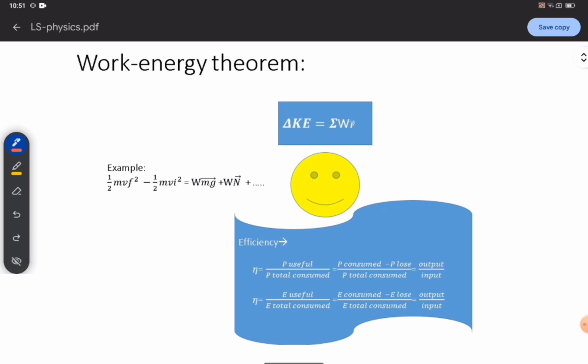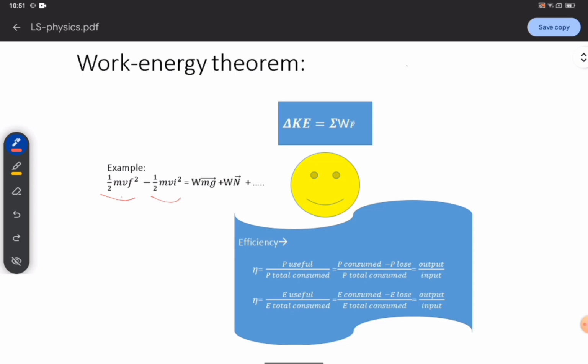Work energy theorem. The work energy theorem is delta KE equals the sum of work of all the forces. Example, delta KE means KE final minus KE initial. So half m v final squared minus half m v initial squared equals work of weight, work of normal reaction, work of friction.